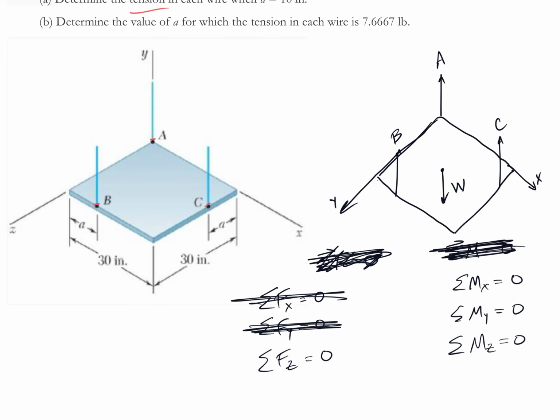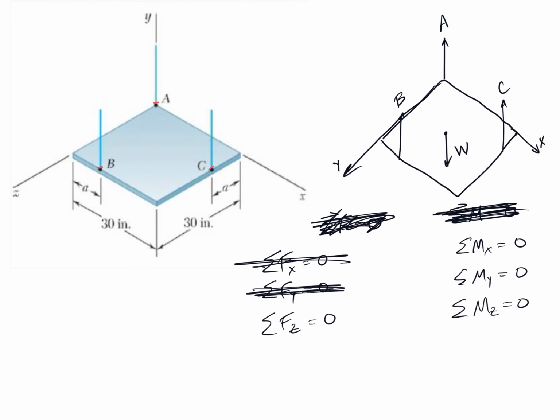Well, the z direction, and you could have figured this out before you took this class, those 3 ropes are going to be pulling combined to equal the weight. So I could say, okay, let's do this one. A plus B plus C minus W equals 0. Those are all the forces. They're all in the z. Oh, no, wait, that's the y direction.